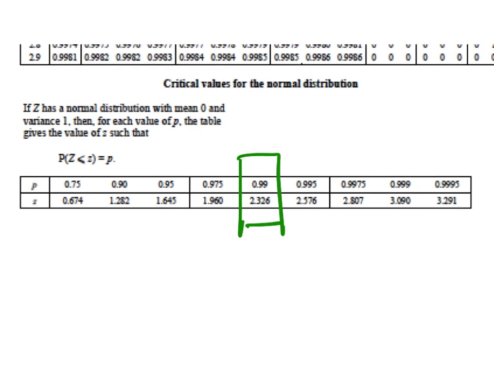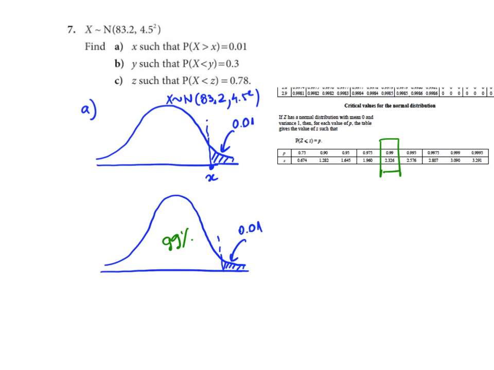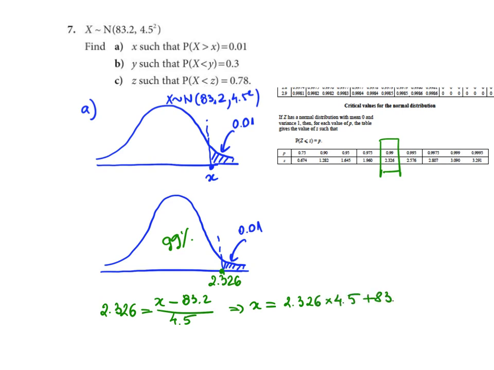So my z-score will be 2.326. 2.326 is the z-score here. Therefore, z and x are connected by the formula z equals x minus mu over sigma. Solving this equation, I would find x, which is 2.326 times 4.5 plus 83.2.